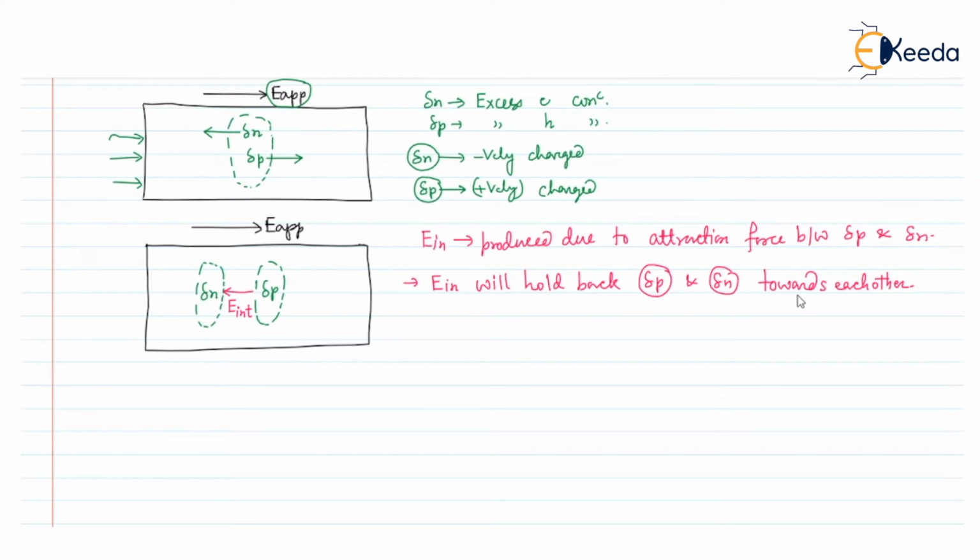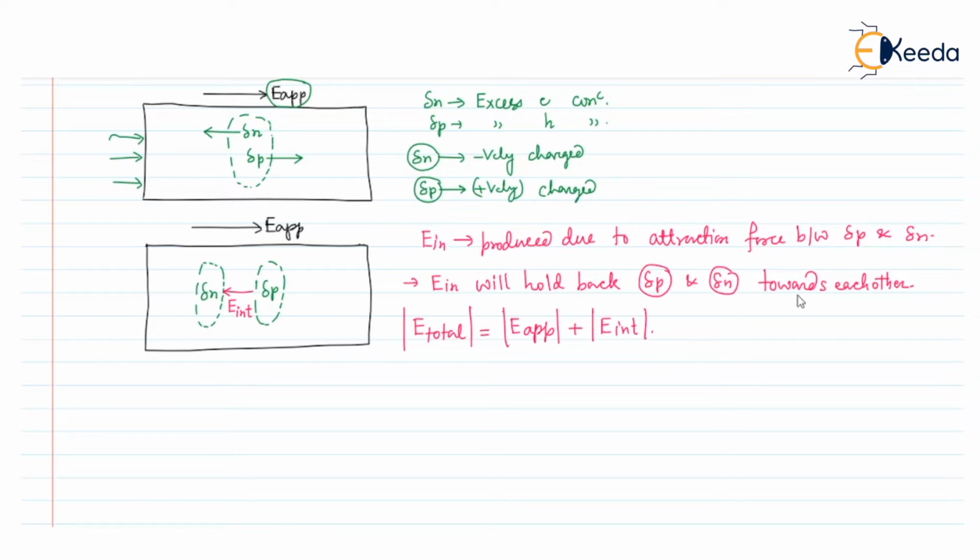Right now we can say there is a total electric field on the semiconductor. This E total can be written as E applied plus E internal, that is, the magnitude of E total will be the magnitude of E applied plus the magnitude of E internal.